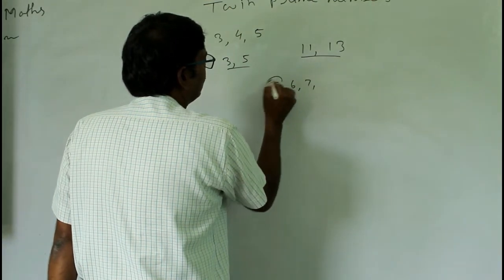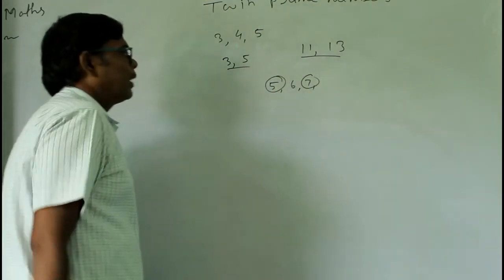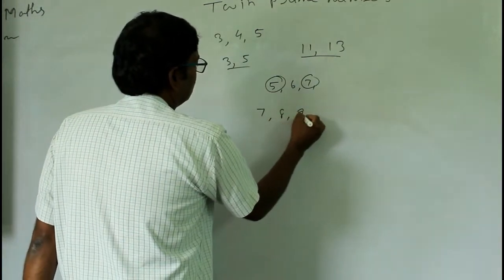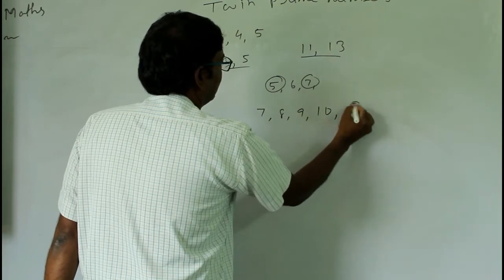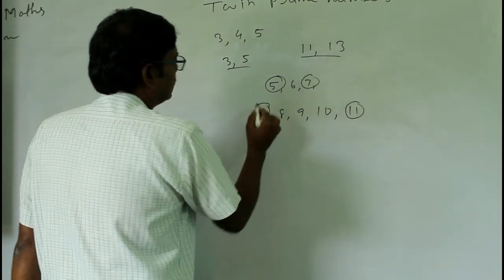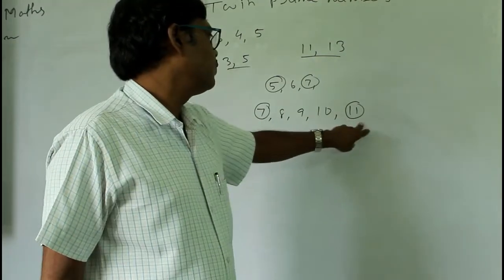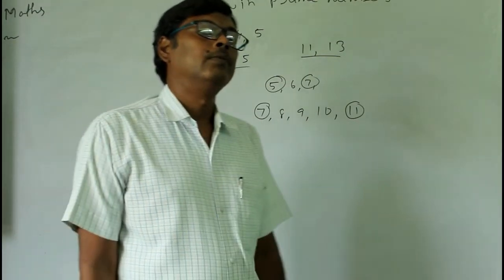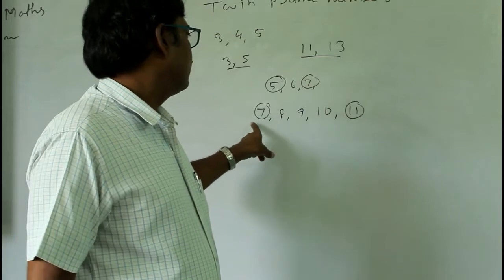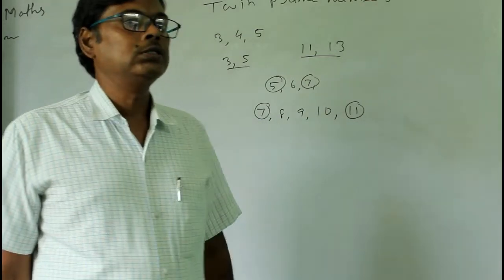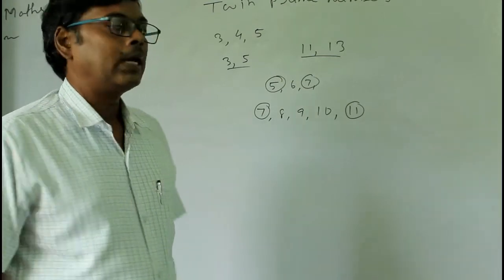Here 5 and 7 are also twin prime numbers. Then next, see 7, 8, 9, 10, 11. Here 7 and 11 are prime numbers, but these will not be called twin prime numbers because there is more than one number between them. So these are not called twin prime numbers.